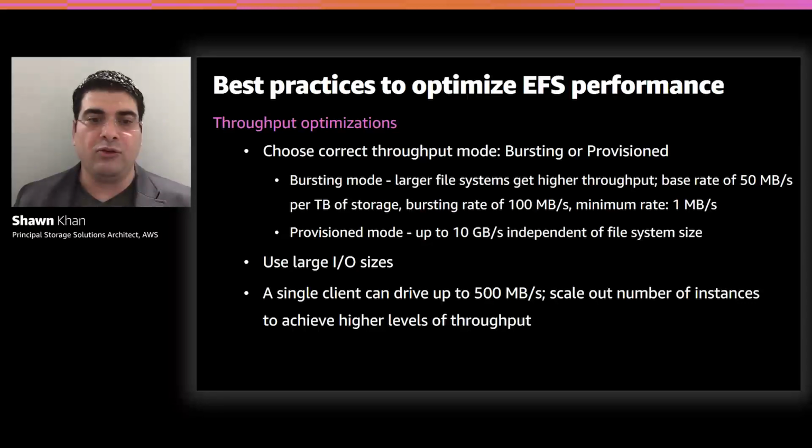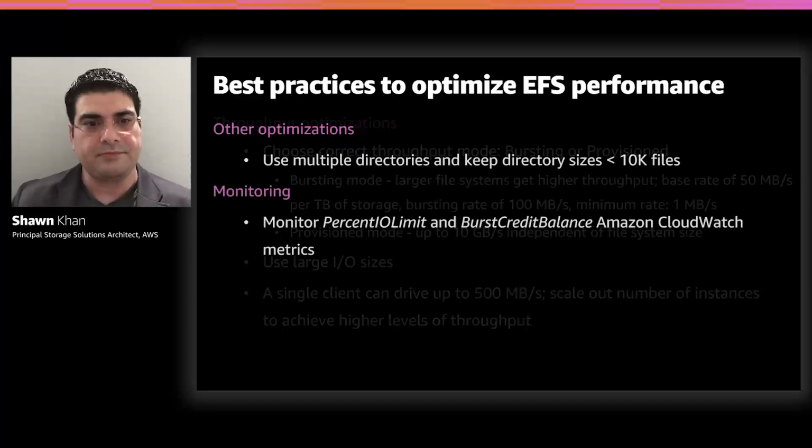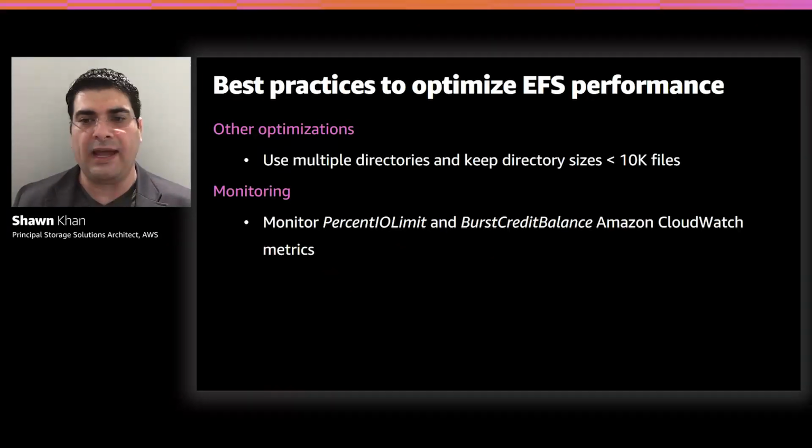We also recommend using a large I/O size to optimize for performance. We've recently doubled per-client throughput from 250 megabytes per second to 500 megabytes per second, and you could scale it as you add more instances. Some other optimizations: adding a file to a directory, as we know, is a synchronized operation, so spreading files over a large number of directories always helps.